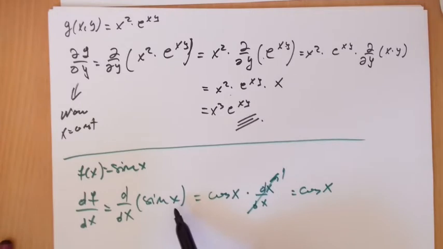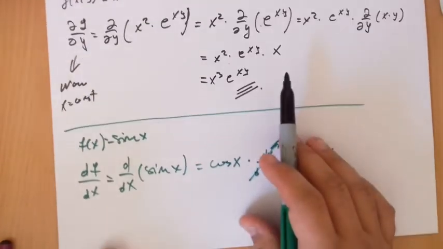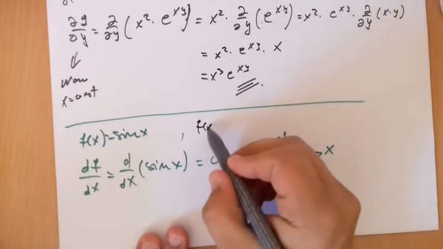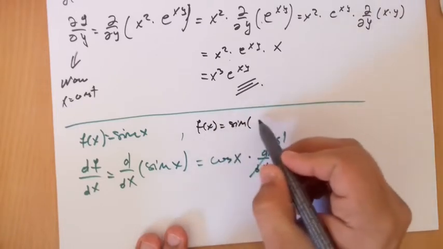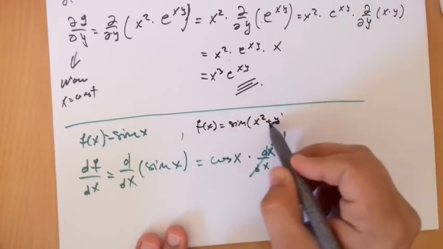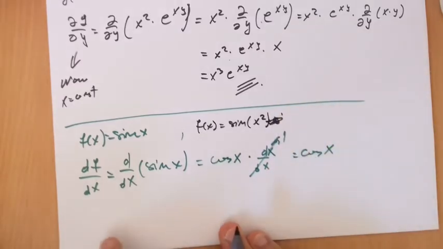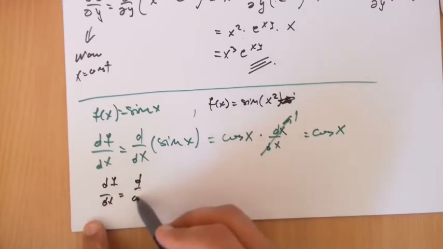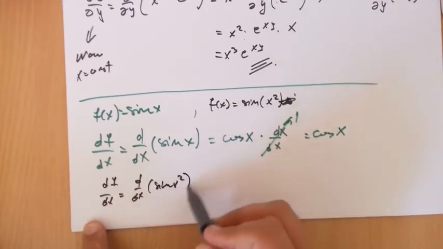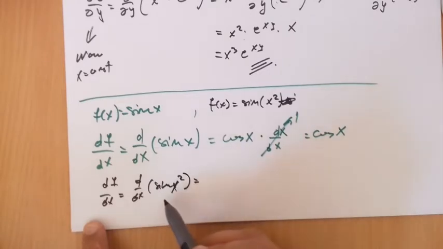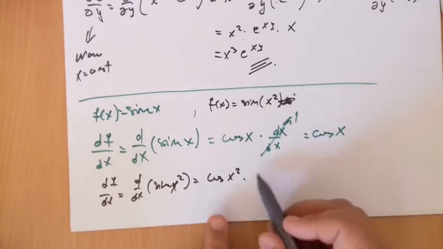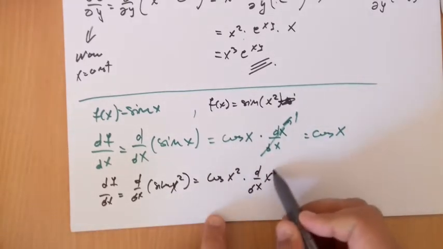But when we have complicated arguments, for example, f of x equal to sine of x squared, so now when we do df by dx, we have d by dx of sine of x squared. The derivative of sine of x squared is cosine of x squared, but we have to take the derivative of the argument, which is x squared.